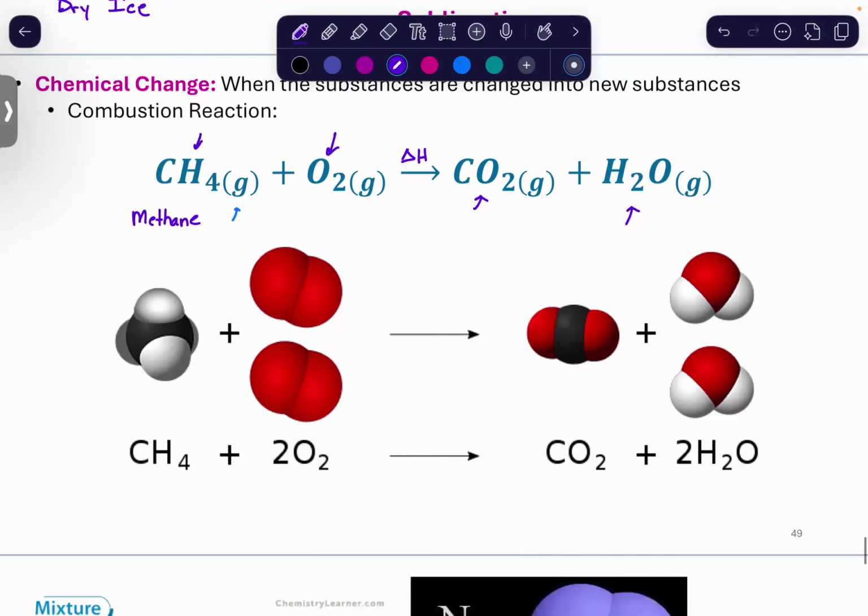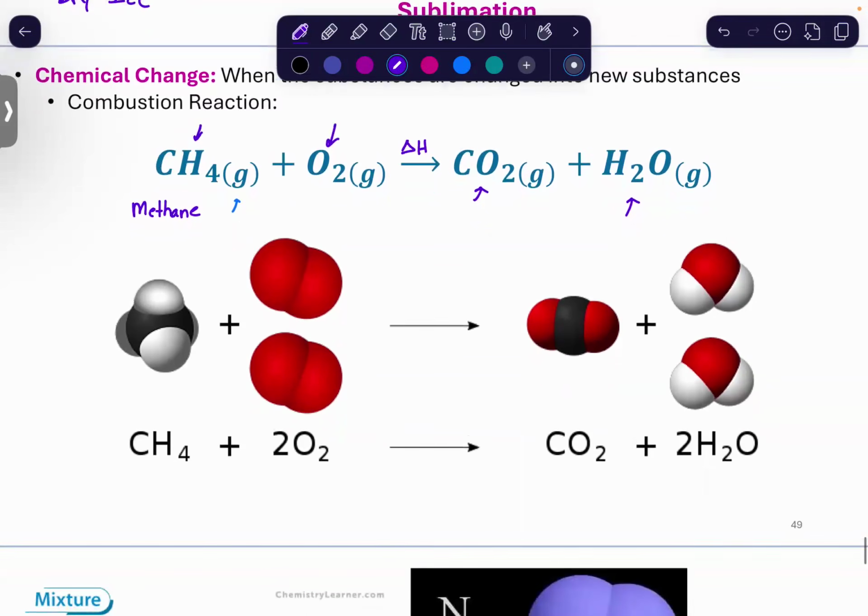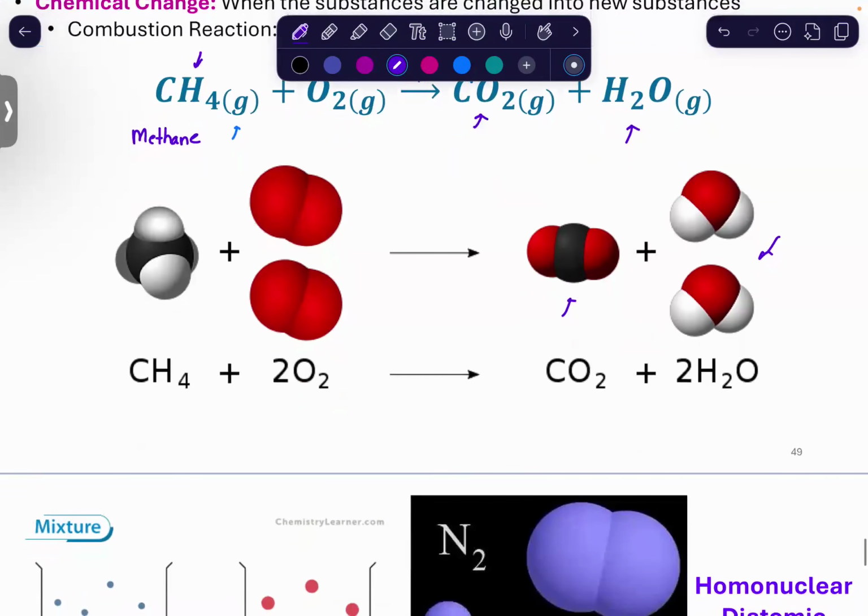Now, the reason this is a chemical change is because you see that the methane molecule and the O2 molecules are taken apart and they're reformed into new substances. So at the end, we don't have methane and O2 anymore. We have CO2 and we have water. We have new substances. So the chemical molecules themselves changed into new molecules. So that's what denotes a chemical change.